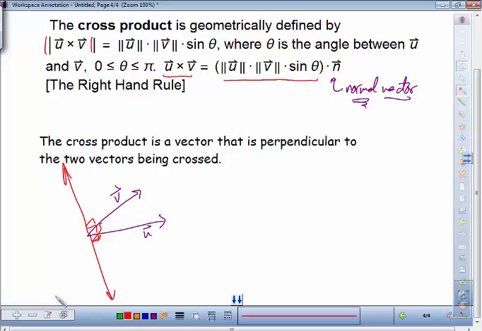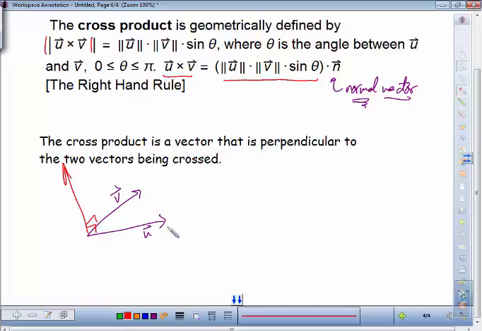That's not good in math. We want something that's going to give us one unique solution in general. And so to figure out which normal vector you're talking about, you have this idea of what's called the right-hand rule.